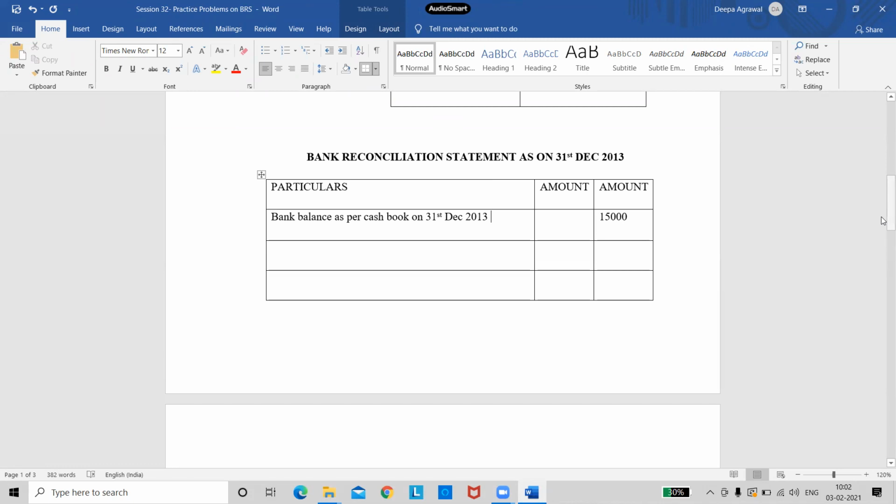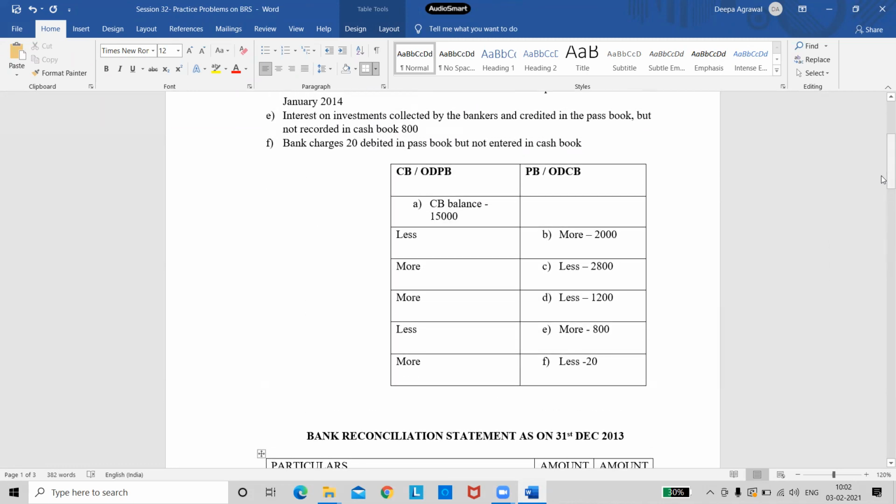Now what we have to do is after writing the first sentence, look at your working notes. In the working notes, the cash book balance is given to us. Always remember this properly. So that means we have to find out the balance as per passbook. This second column is very important to us.